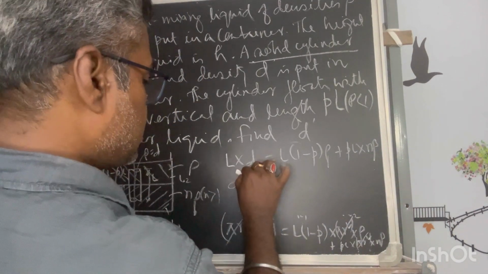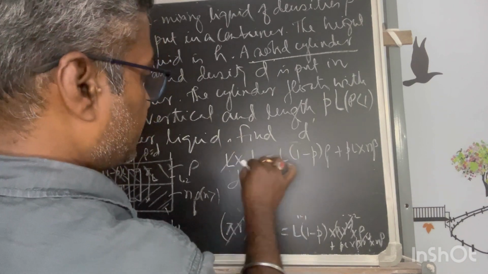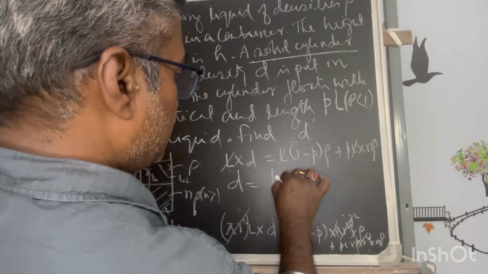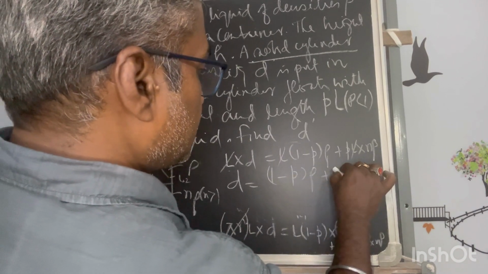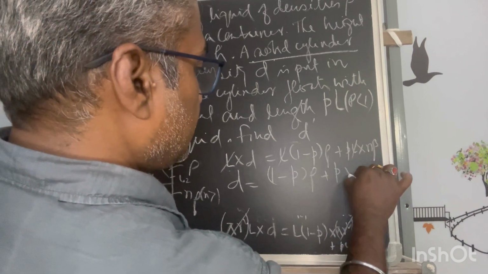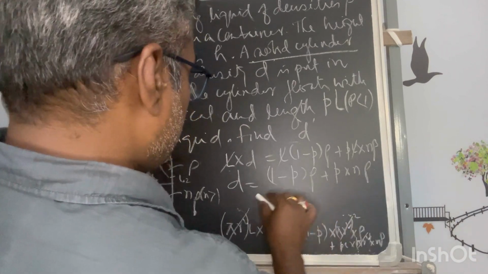Now what is D here? If I divide by L, L will not participate, since L is a multiple of everything here. So D equals 1 minus P into rho plus P into n into rho.